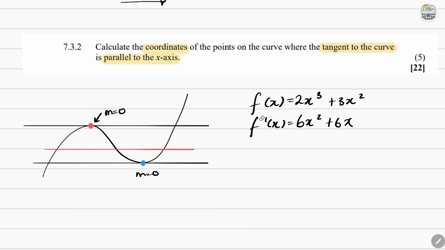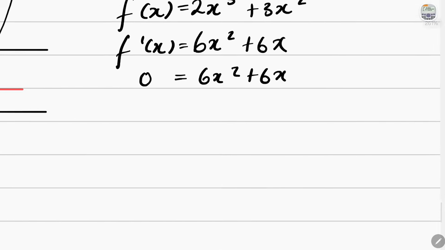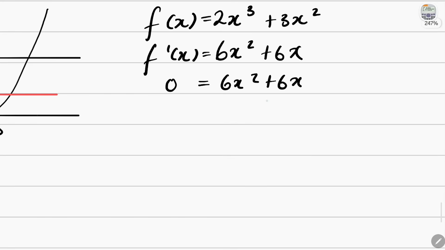When we find the general gradient, we're going to find out where exactly that gradient is equal to 0. So we make it equal to 0: 6x squared plus 6x equals 0. Let's solve for x. You can see that we have 6x in common. So we take 6x out as a common factor and we're left with x, and in the second term, 6x divided by 6x is positive 1.